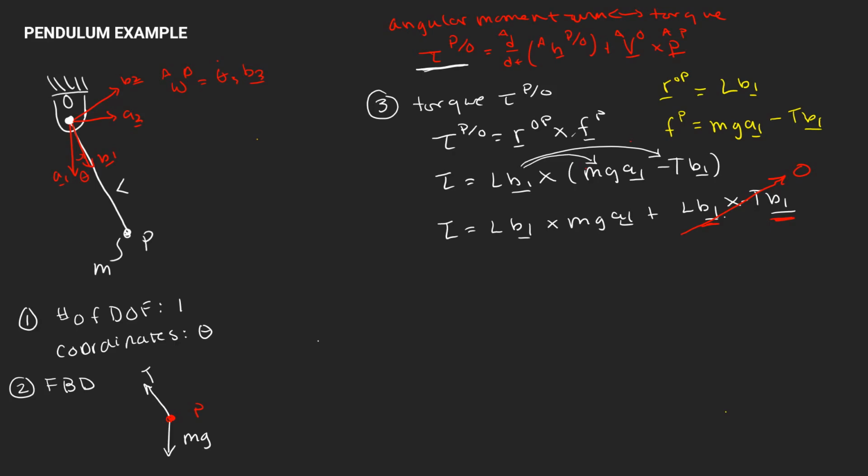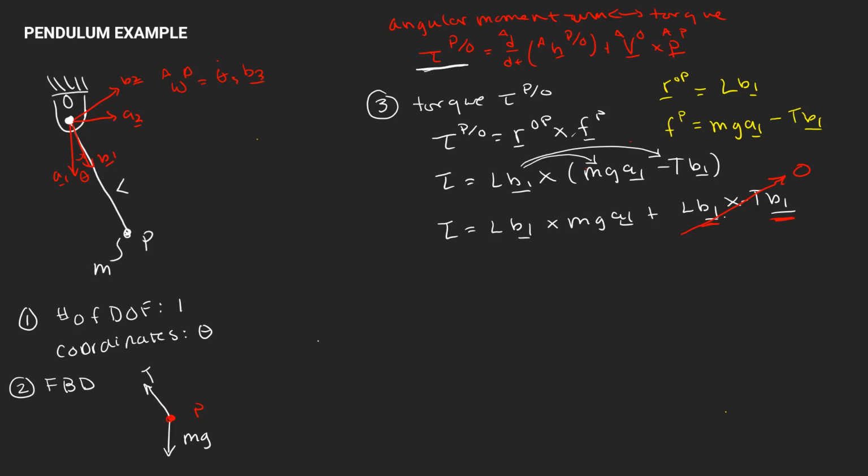Now, what we're left with is the cross product between L B1 and mg A1. And now you should notice that our unit vectors are in terms of different frames. So that means that we have to convert one of these terms such that both are in the same frame.